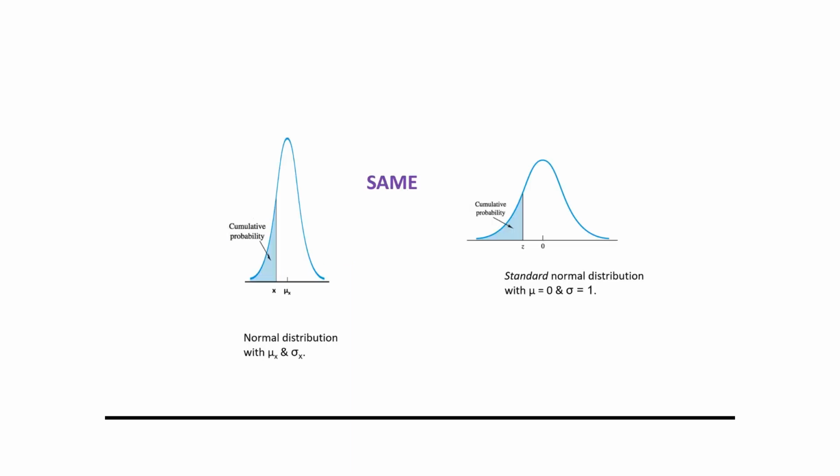Because the cumulative probability for value x is the same as the cumulative probability for value z, when they are both located at the same number of standard deviations away from their mean, we can just figure out how many standard deviations away from its mean x is, so getting its z value, and then look up the cumulative probability for z, which is equal to the one for x.